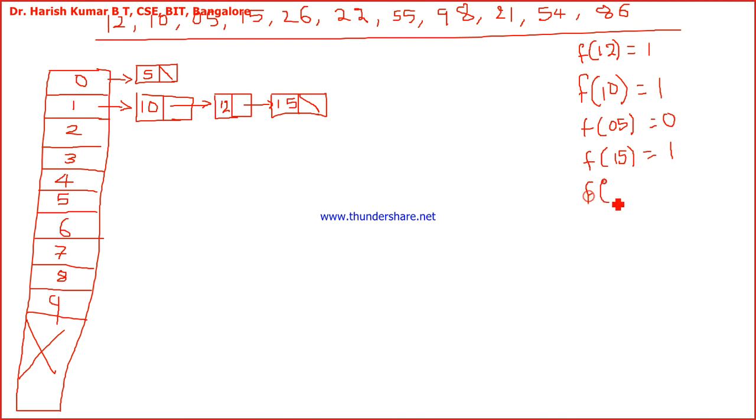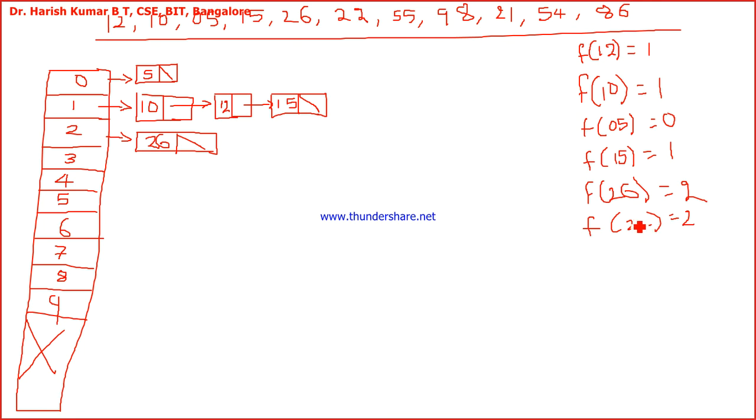Next is 26. So f of 26 is equal to 2. Now this 26 should go into the subfile or the linked list with the key value 2: 26, and this is null. Next is 22. So f of 22 is also equal to 2. Again this should go into the list with the key value 2. We have already 26 present here.